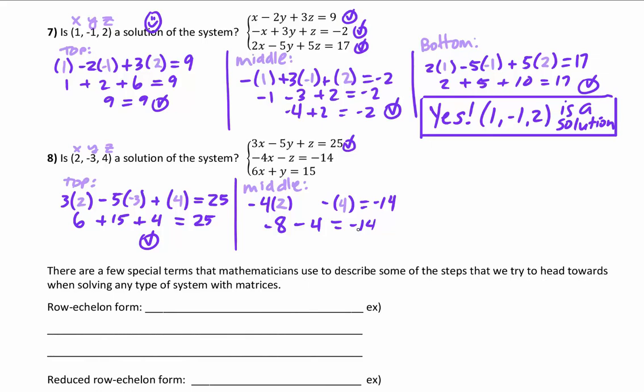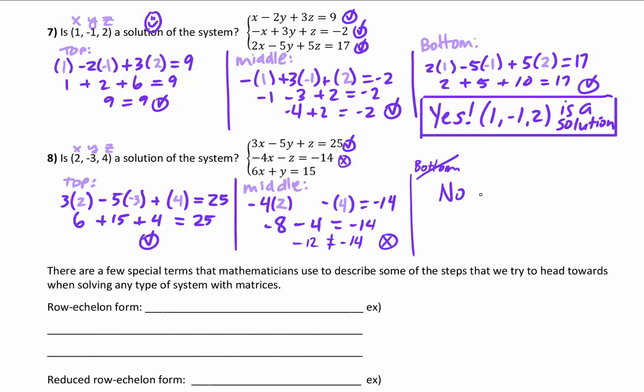In fact, that is not true. Negative 12, the answer from the left, is not equal to negative 14. So this is one of those where it doesn't work. And if I fail the middle equation, that means this cannot be a solution. And so I don't actually need to do the bottom equation. You just have to find that it fails once, and that's it.